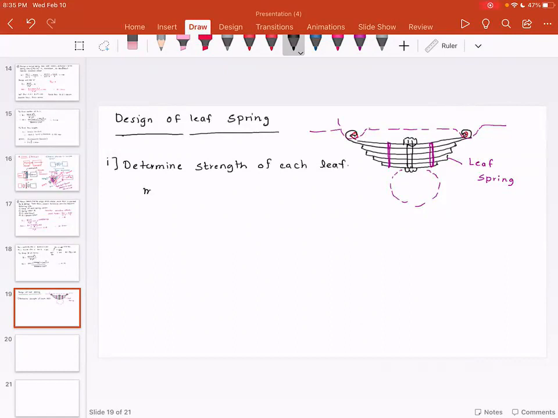And that is given from the bending equation, M by I is equal to F by Y, where F is the stress, I is the moment of inertia, and Y is the distance from neutral axis.